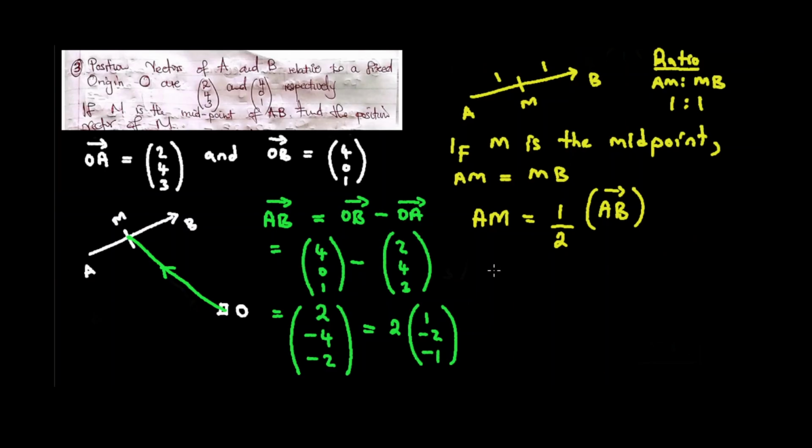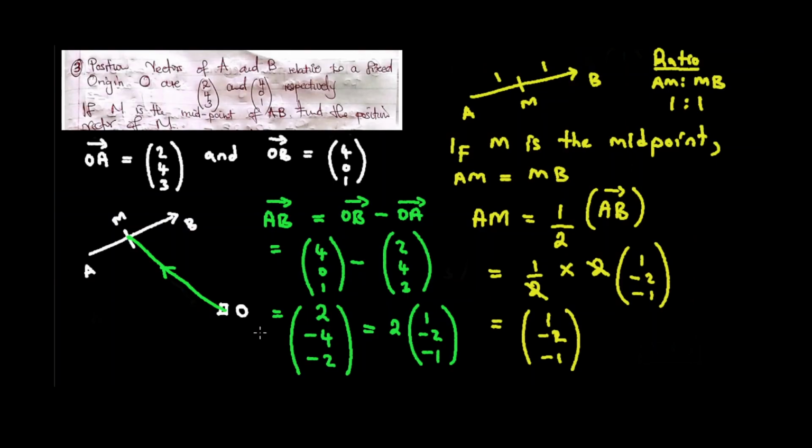So if we go further to simplify this, we have half multiplying AB. Here if we take AB as 2 times (1, minus 2, minus 1), it becomes easy. The 2 and the half cancel. AM becomes (1, minus 2, minus 1).